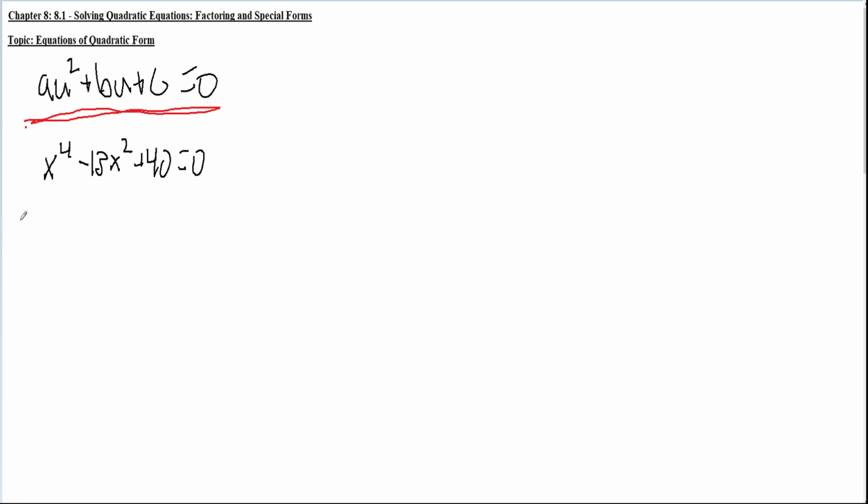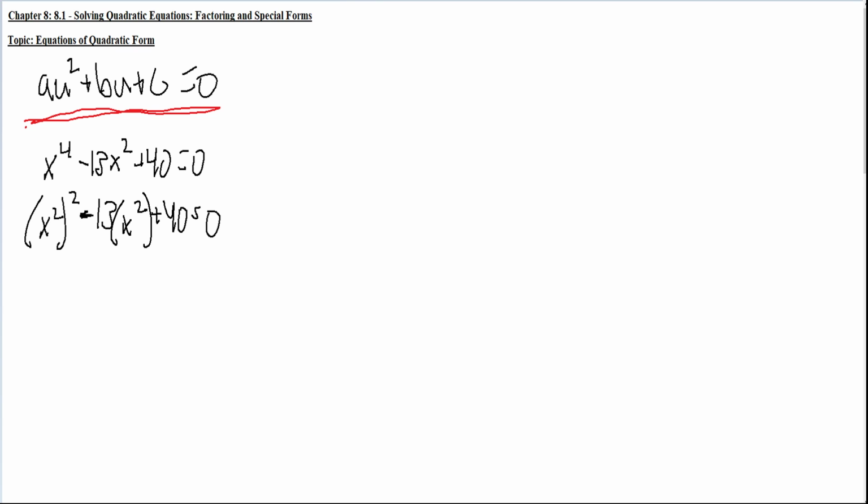What I can do is recognize that x to the fourth is really x squared squared. And so that's still being subtracted by x squared plus 40 equaling 0. The reason why I've written both of these in parentheses is because now I'm going to do a substitution.